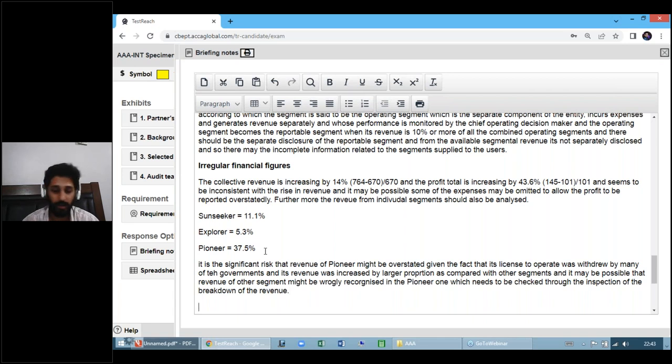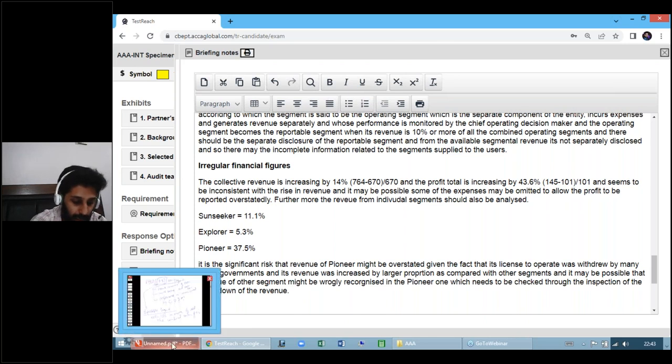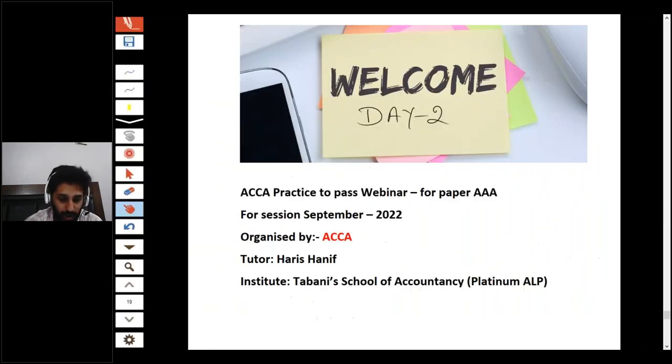Now I'm quickly coming towards the audit procedures, because the next requirement is of audit procedure. But first of all, I would like to give you the introduction about the audit procedure.